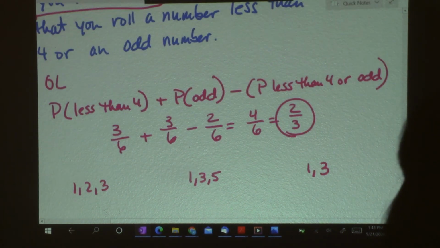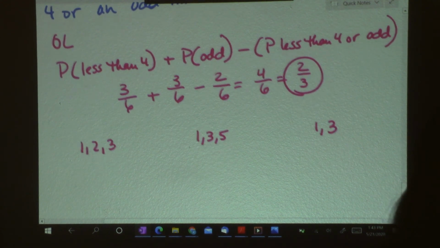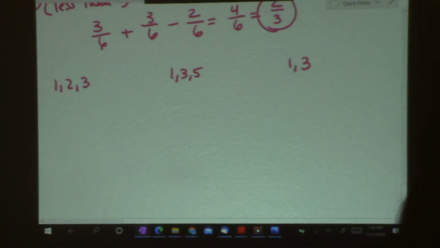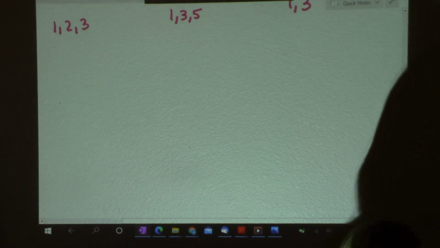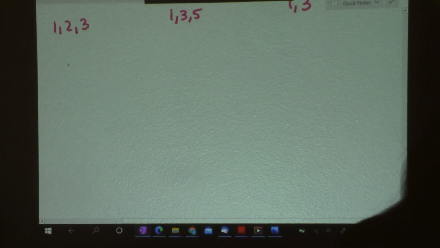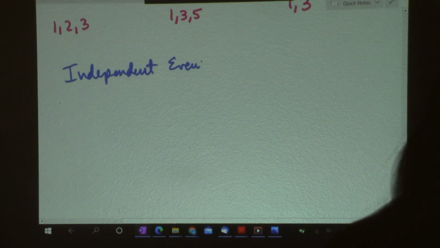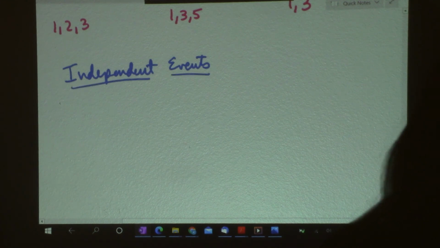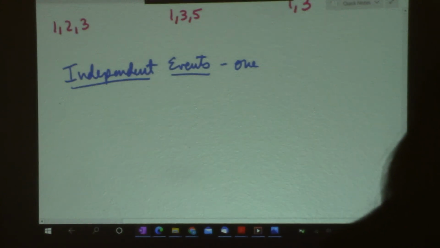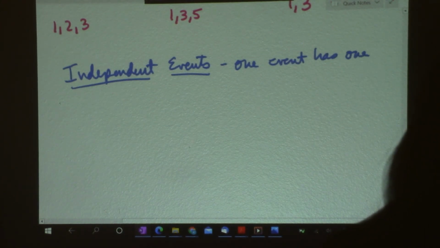Now we're going to look at compound events. Okay? So when we're looking at compound events, we can have different types. The first kind is independent. And that means one event has no effect on another.